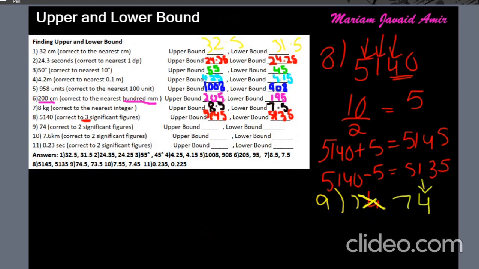So we write 1 divided by 2, which is 0.5. So the upper bound will be 74 plus 0.5, which is 74.5, and the lower bound will be 73.5.